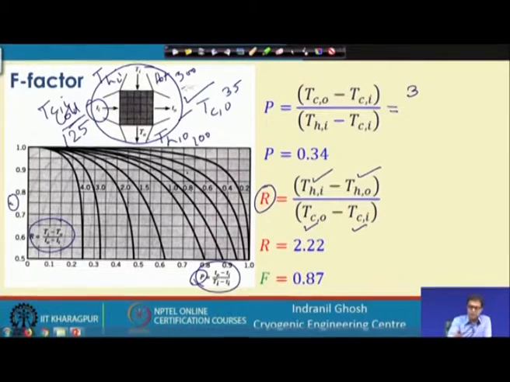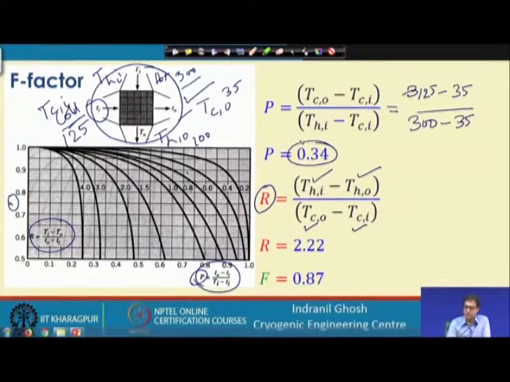So TCO is 125 minus TCI, 35, divided by T hot inlet, 300, minus TCI, 35.